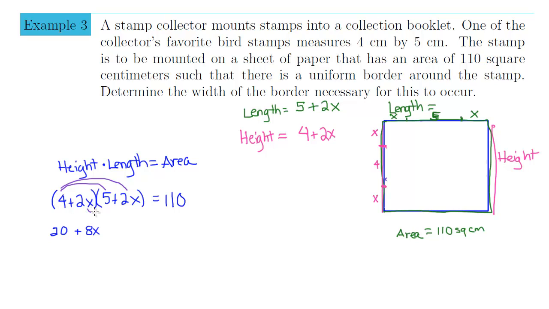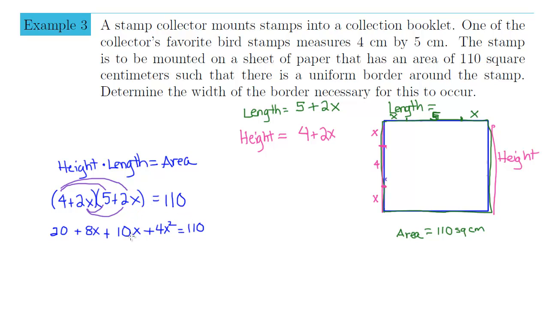Then we're going to multiply the middle stuff, 2x times 5 and 2x times 2x. And that's going to give us 10x plus 4x squared. And that together gives us 110. So far, so good. This is now a quadratic equation, an equation of degree 2.